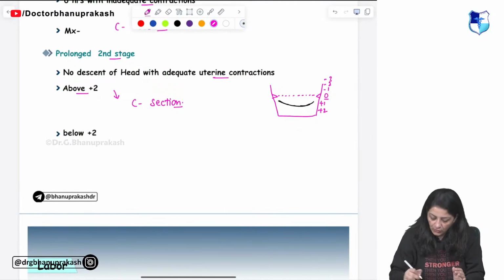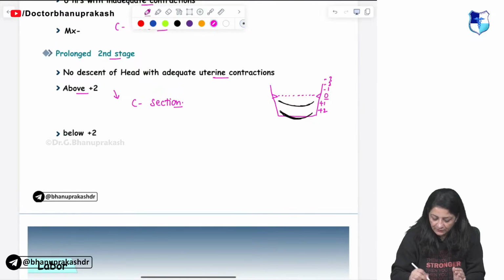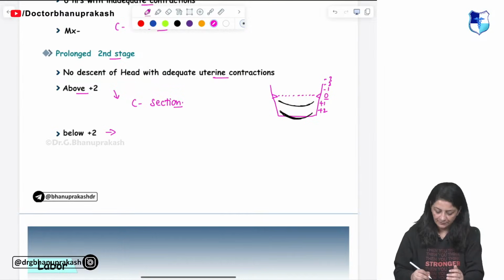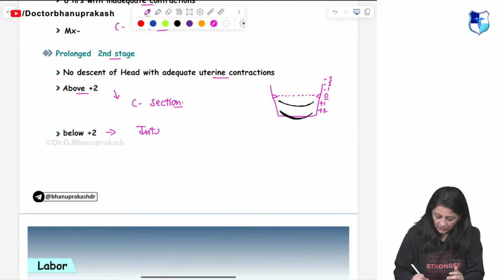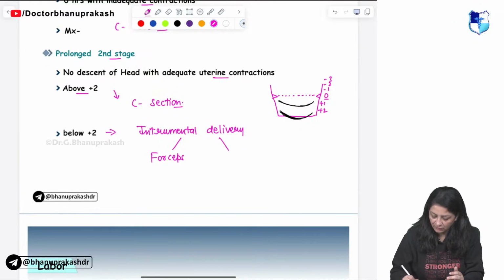But if it is below 2 centimeter, then management is instrumental delivery. We can do instrumental delivery by forceps and by vacuum.